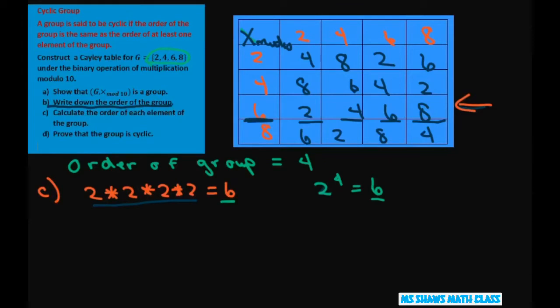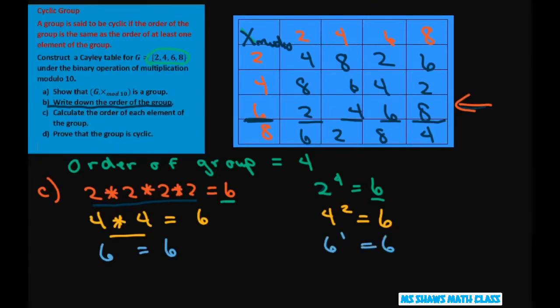Now for 4, we get 4 star 4 equals 6. So the order of 4 is 2. For 6, we've got 6 equals 6. So 6 to the 1st power equals 6, and the order of 6 is 1.